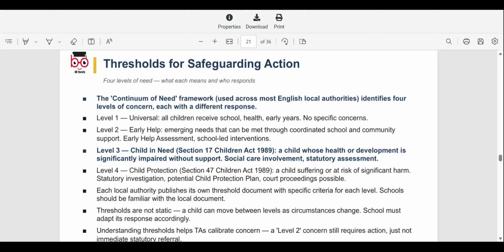Level 3 is targeted support, for children who have multiple and complex unmet needs. Level 4 is statutory specialist support and protection. These are children who face acute risk, present severe welfare concerns, and qualify under Section 17 and Section 47 of the Children Act 1989.